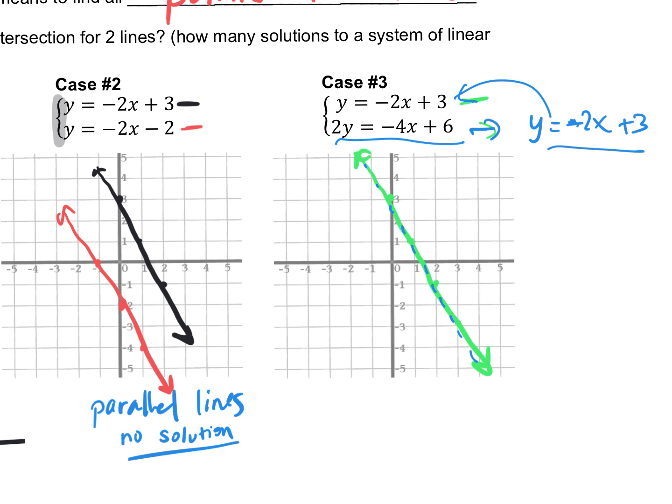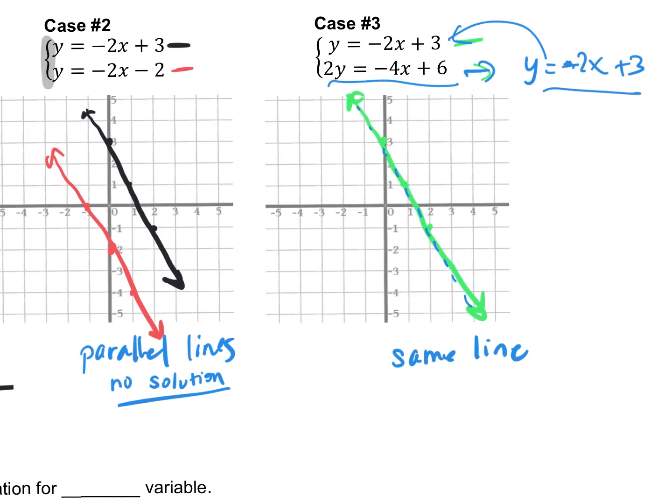So here it's the same line. And what do you think? How many solutions will you have here? Infinite. All those points are true. Any point that you pick on the graph will make it true for the other one. Infinite solutions. So you can have no solution, infinite solutions, or one solution, okay?